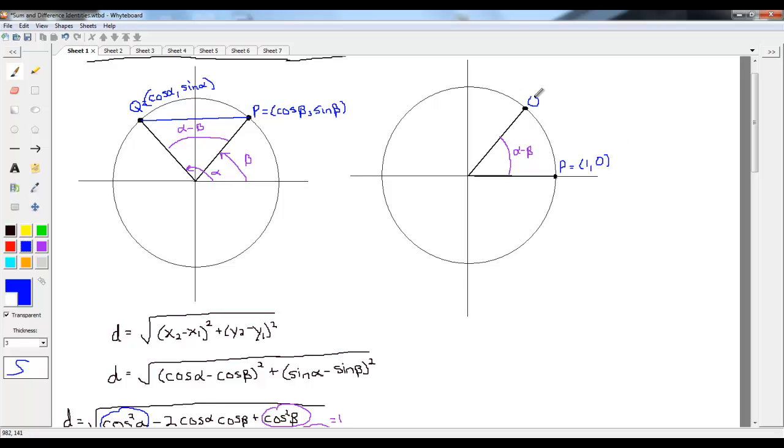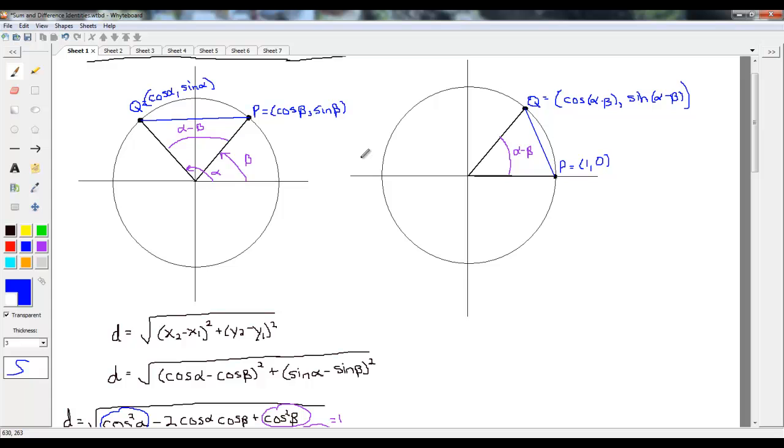And point Q now is at cosine alpha minus beta, comma, sine alpha minus beta, because the angle here is alpha minus beta. And let's recompute that distance between P and Q using those coordinates. It's the same angle measure, same distance between P and Q. The only difference is we rotated, so they're situated in a different place on the unit circle.